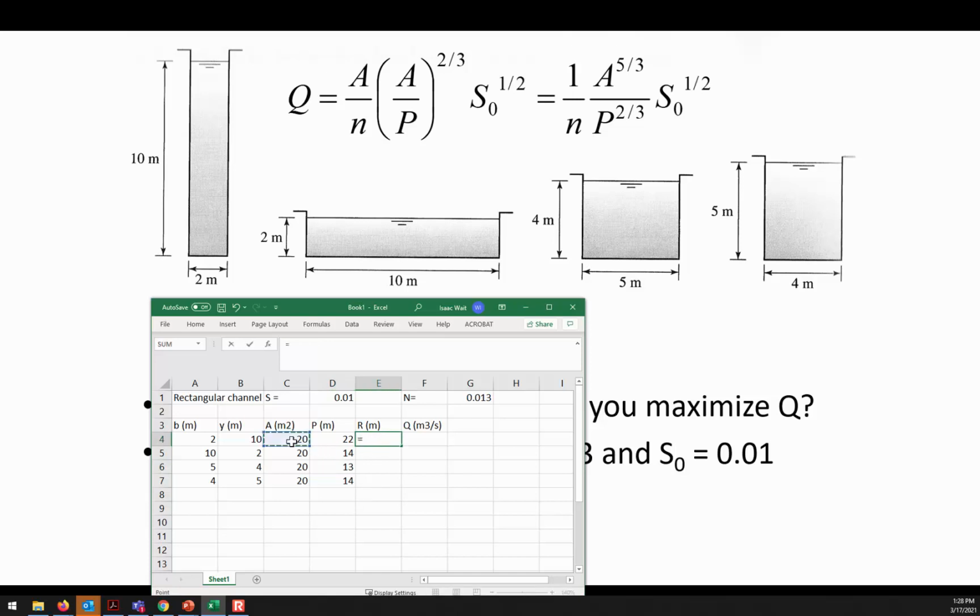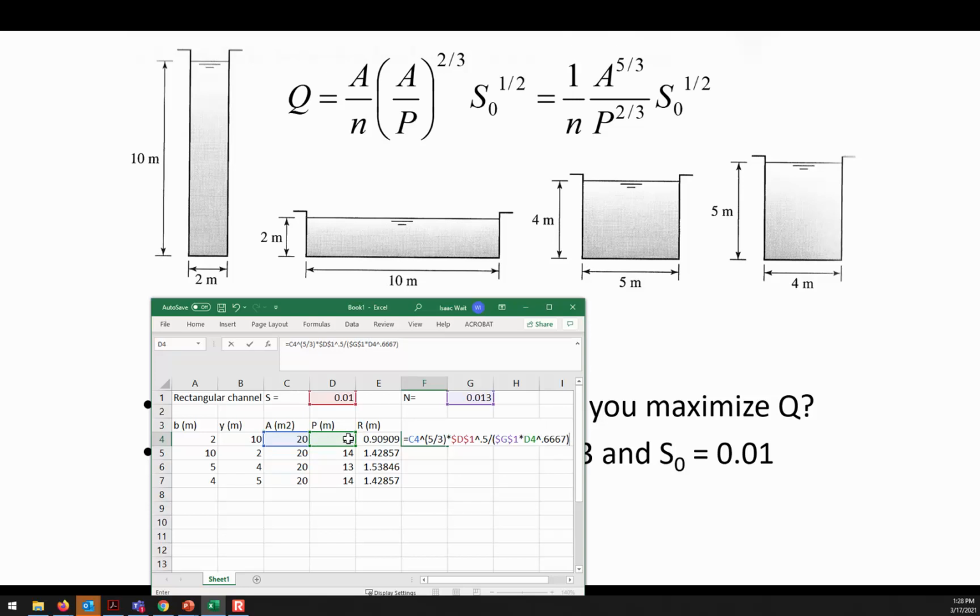Hydraulic radius is area divided by wetted perimeter. Okay, so we have different hydraulic radius for all of these, and now I'm going to do Manning's equation. So Q is area to the 5/3 power. So here's area to the power of 5/3 times slope to the power of 0.5 divided by n times wetted perimeter to the power of 2/3, 0.6667.